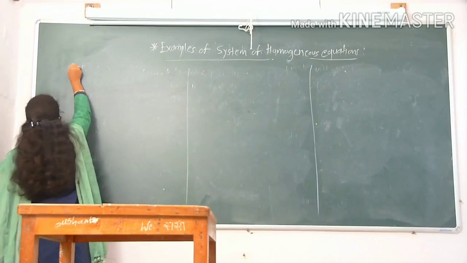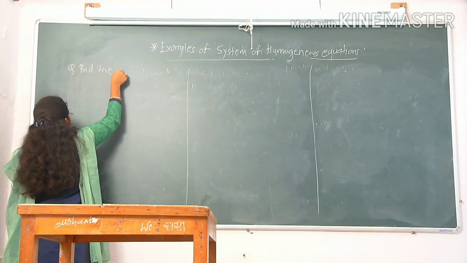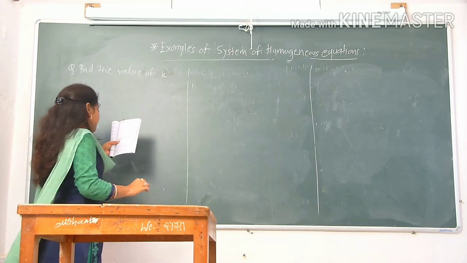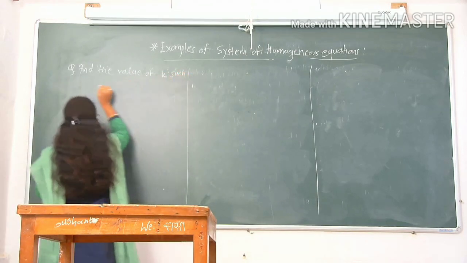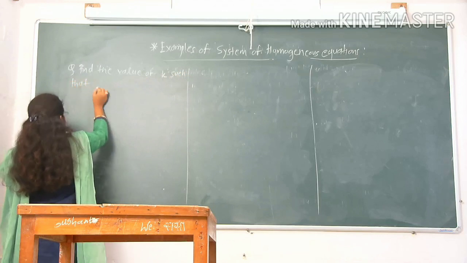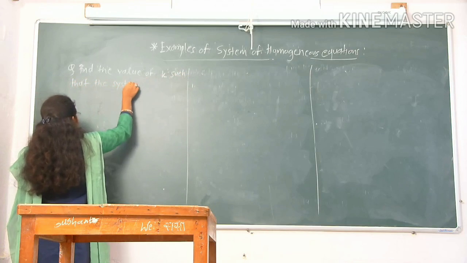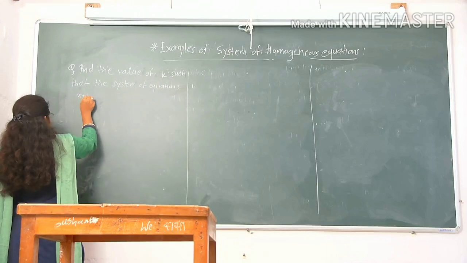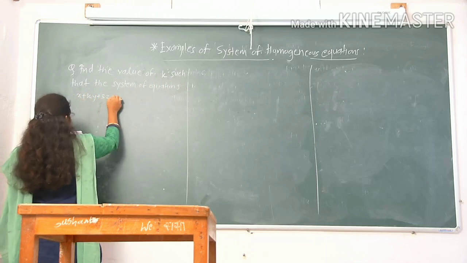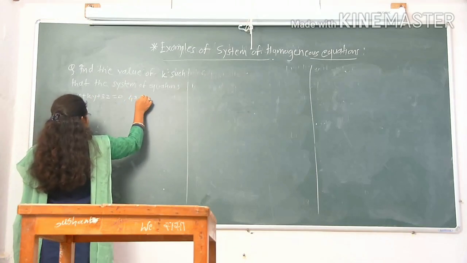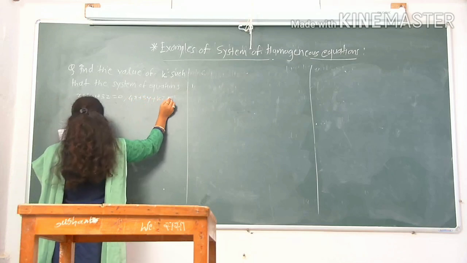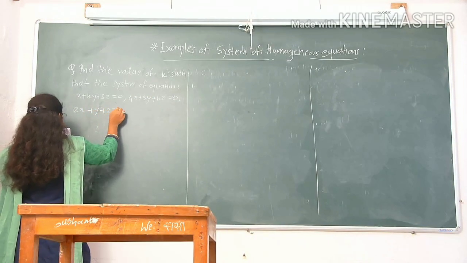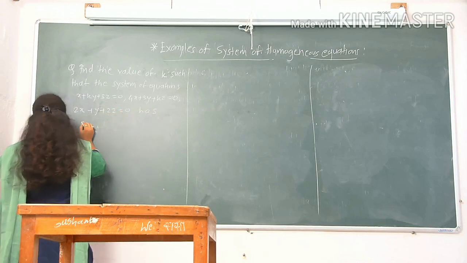Find the value of k. Our question is: find the value of k such that the system of equations x plus ky plus 3z is equal to 0, 4x plus 3y plus kz is equal to 0 and 2x plus y plus 2z is equal to 0 has a non-trivial solution.